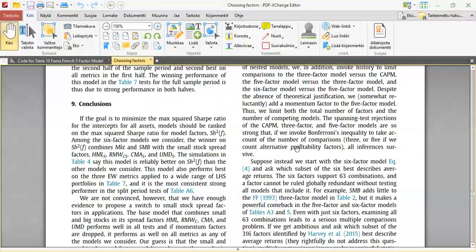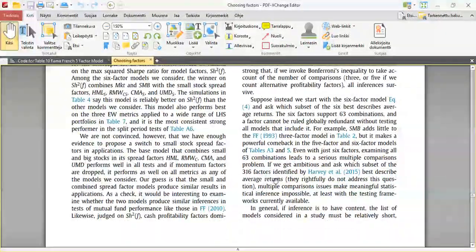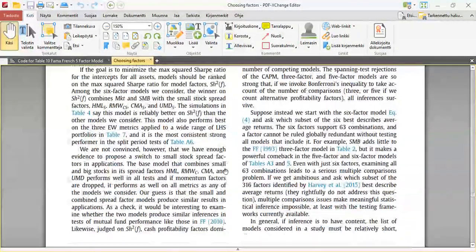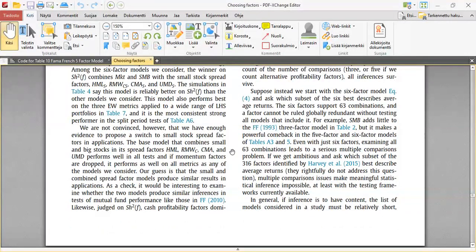Then the conclusions. What Fama and French recommend is, if you compare different models, one should keep the number of models low, because there's always the risk of data mining. If you use 500 models, obviously you will always find something, but this is due to data mining, data dredging.